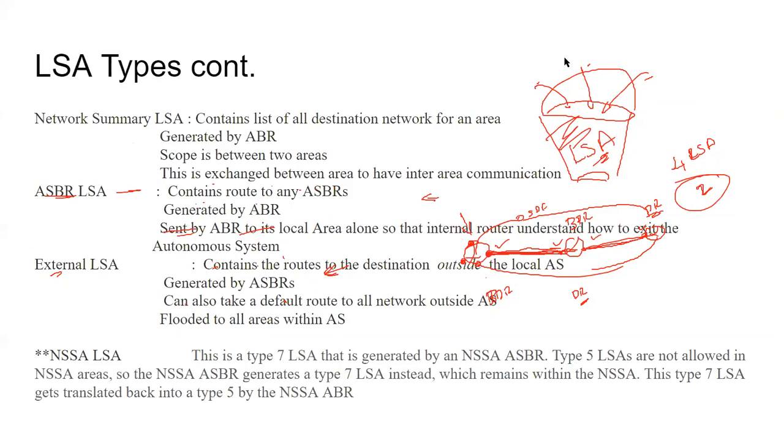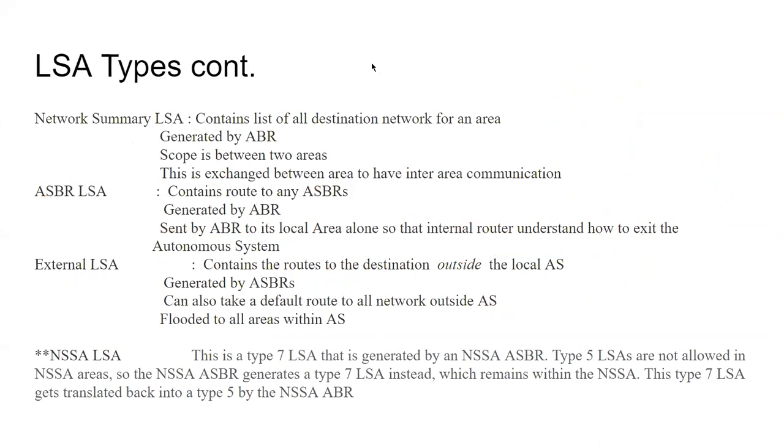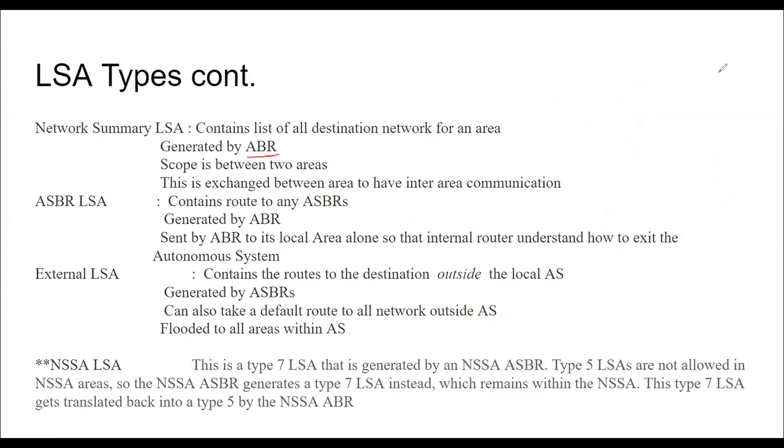Let's talk about the third one, the network summary LSA. This is generated by the ABR. See, if I have area 0 and area 1, this router is the ABR, right? Area border router.